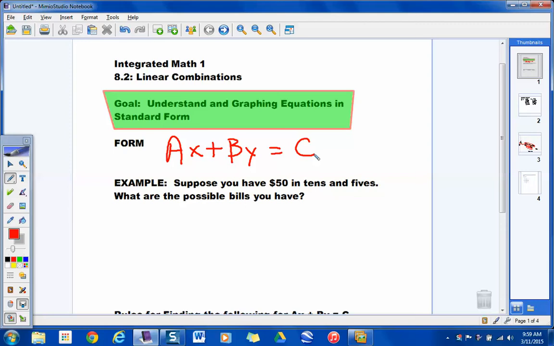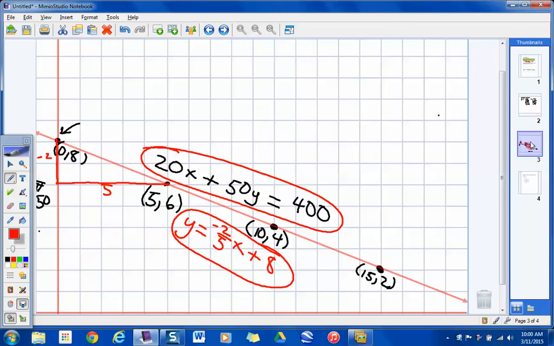Let me know when you've got this formula down first of all. You guys all have that written down? Get that formula written down quickly, and we'll come back and look at this. So if I come back and look at this right here, do you notice from our activity, we had some $20 bills and some $50 bills that total 400.